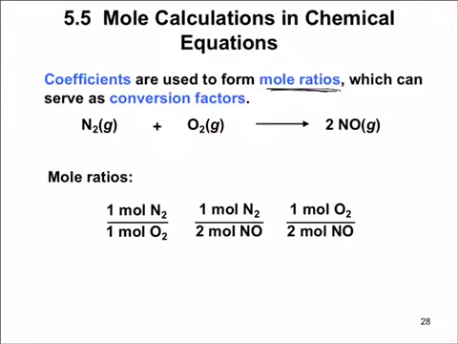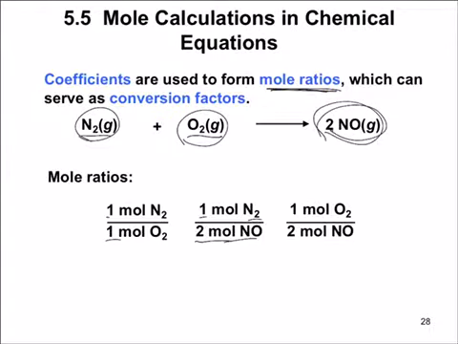If I want to ratio nitrogen to oxygen, I know that 1 mole of N2 reacts with 1 mole of O2. If I want to ratio N2 to NO, 1 mole of N2 to 2 moles of NO. If I want to ratio O2 to NO, it's 1 mole O2 to 2 moles of NO.